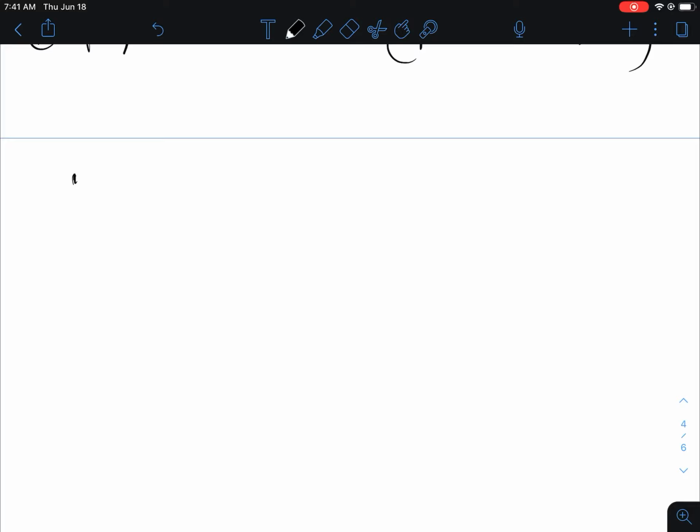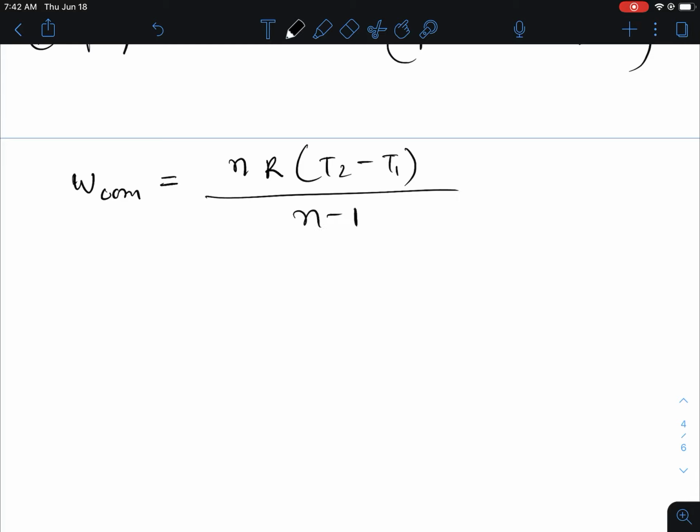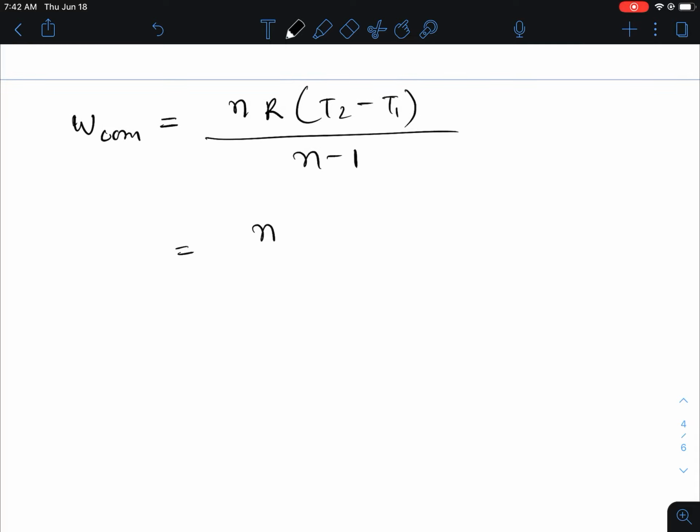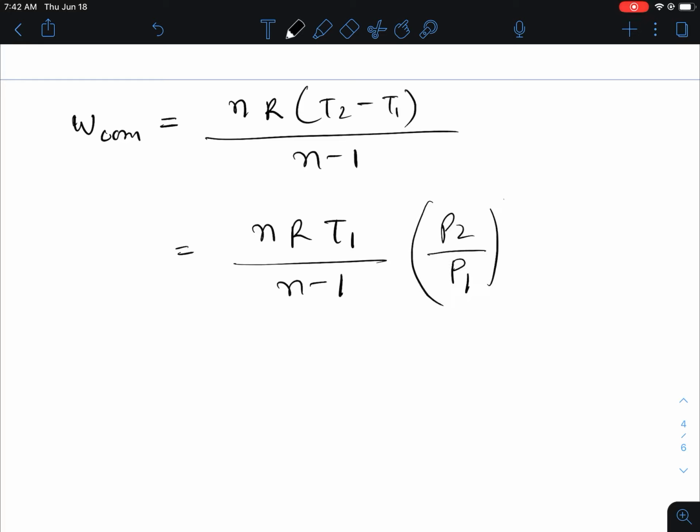In that case, the work consumption by a compressor equals n times R (T2 minus T1) divided by (n minus 1). In terms of pressure, it will be nRT1 divided by (n minus 1) times [(P2 over P1) to the power (n minus 1) over n, minus 1].